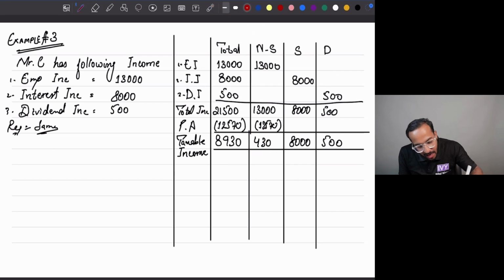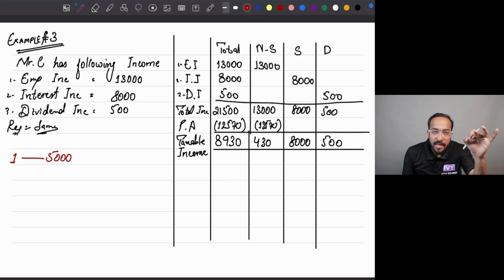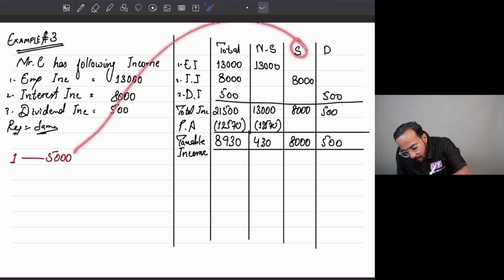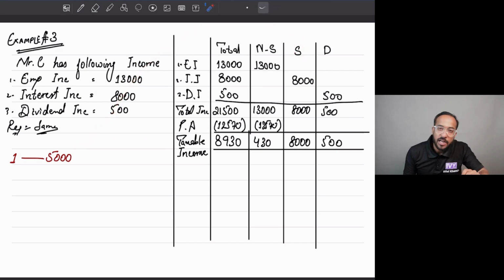The band starts from 1 and ends at 5,000, and this band is specifically for saving income. It opens when your non-saving income is less than 5,000, and it opens for saving income, right?